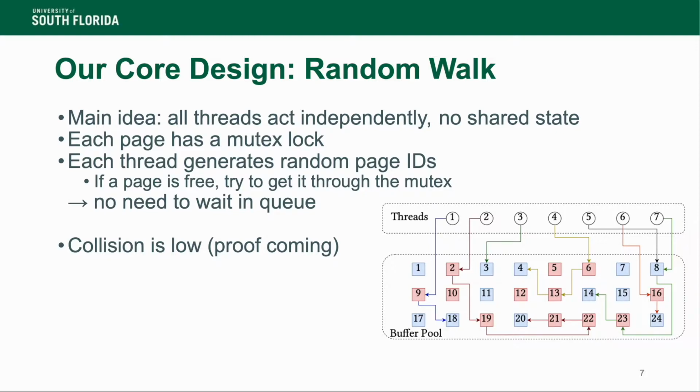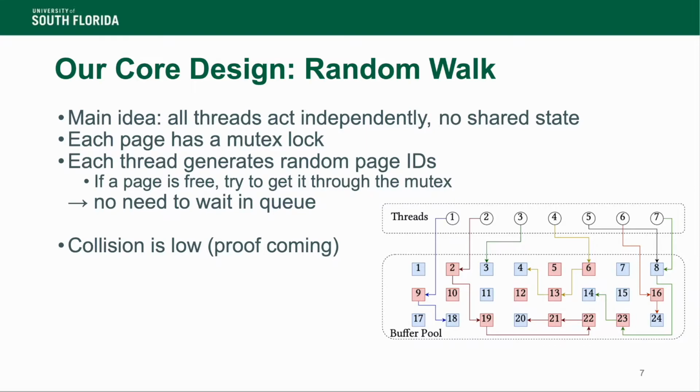The core technique is a random walk algorithm that does not depend on any global state to manage page allocation and recycling. Instead of using a few mutex locks or queues on global memory for the entire system, each page has its own mutex lock.